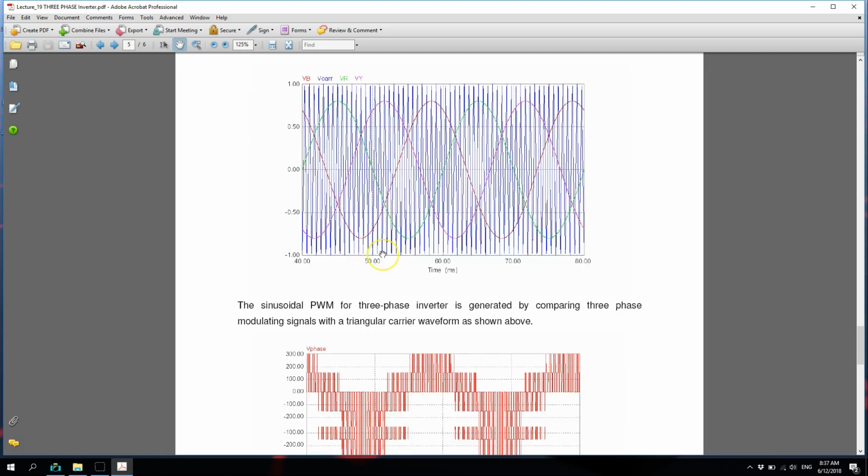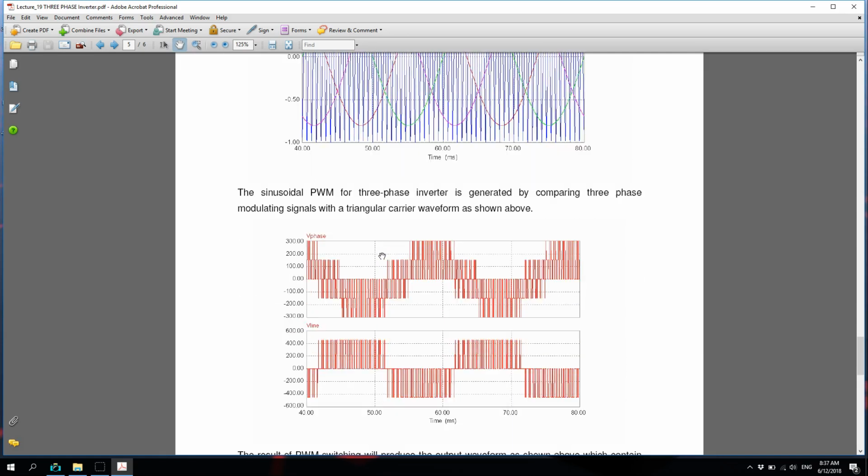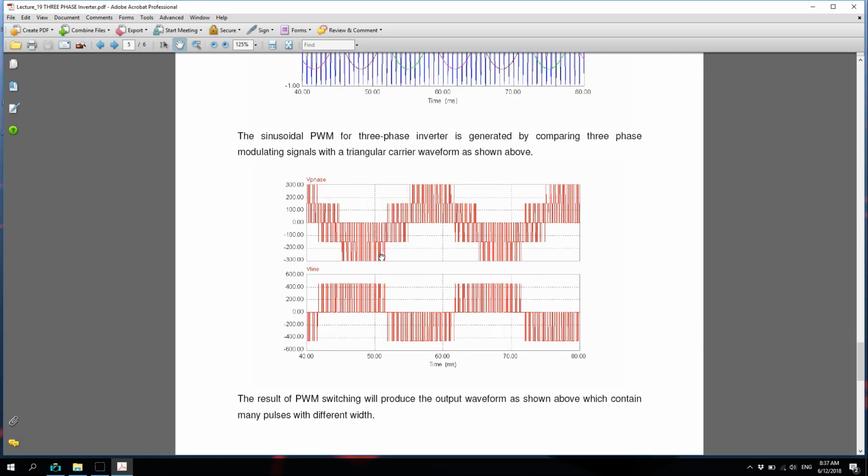You compare that and then feed through the respective switches, and this is what you observe in the output waveforms. The phase voltage will consist of basically 5 levels, and the line voltage only consists of 3 levels of the output voltage waveforms.